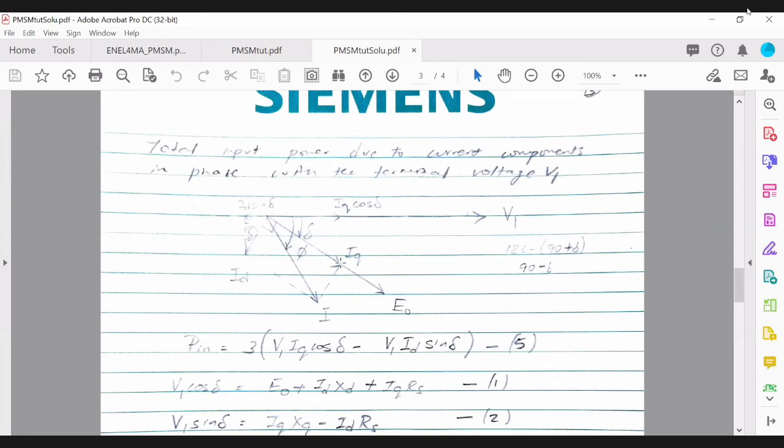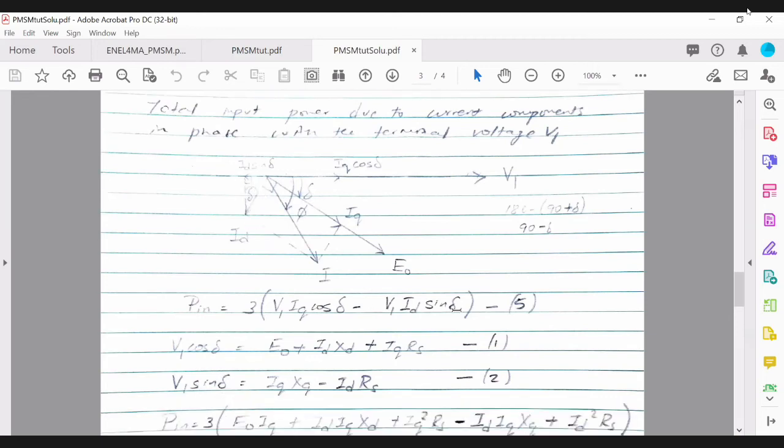So this is IQ. So if you resolve it, it will become IQ cos delta. And this is ID. And for you, the component that's along the terminal voltage will become ID sine delta, okay? Because this angle is delta here. Right? So this is how the equation is written for the input power.